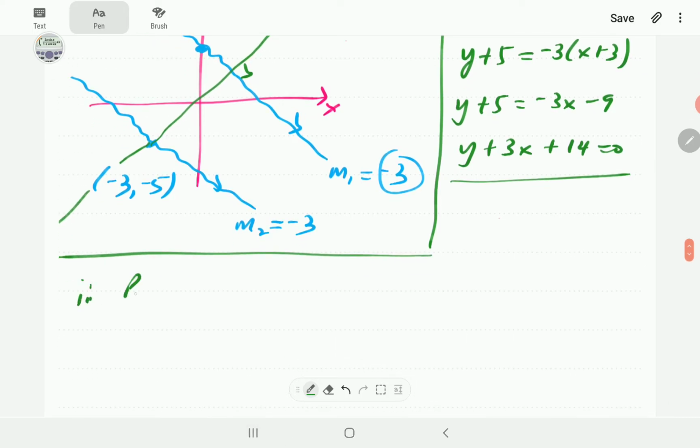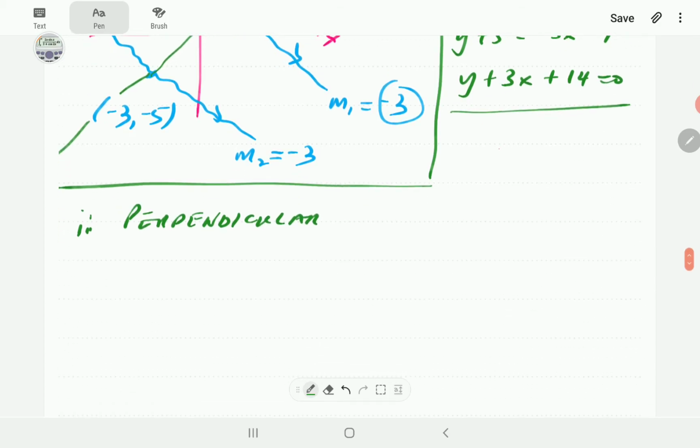Now when you go to the perpendicular, if we call M3 the gradient of the perpendicular line, then this times M3 must give us -1. So M3 is going to be 1/3.